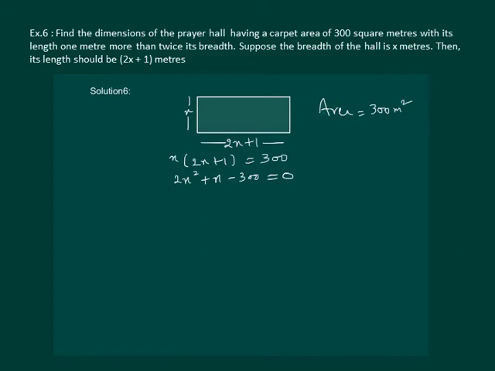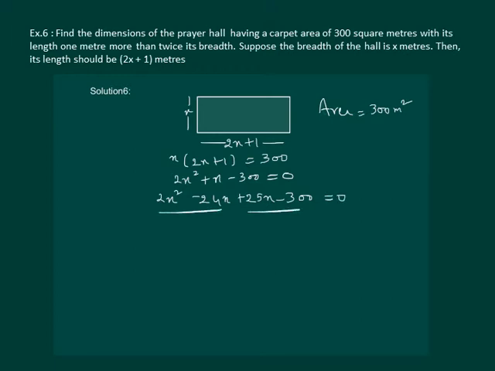Now we can solve this quadratic equation by factorization method. We split the middle term, 2x square minus 24x plus 25x minus 300 equal to 0.